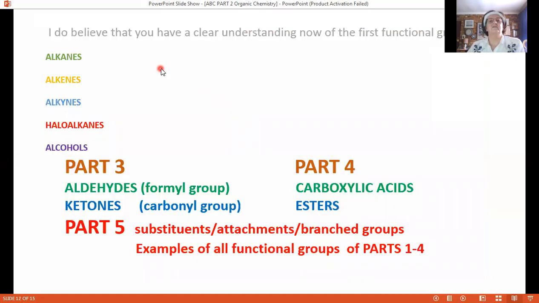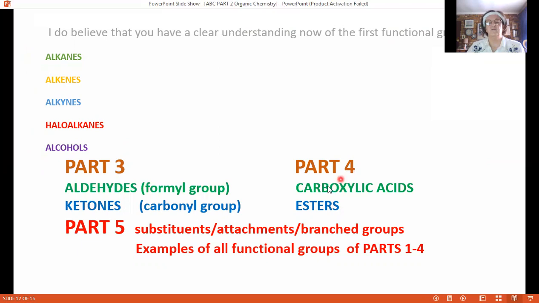So I believe that you now have a clear understanding of the functional groups. We did the alkanes, the alkenes, alkynes. Now in part 2, we did the haloalkanes and the alcohols. In part 3, coming shortly, I will discuss the aldehydes and the ketones.